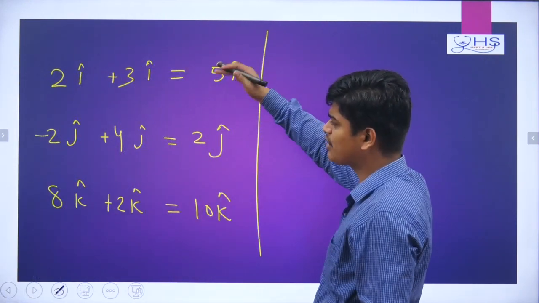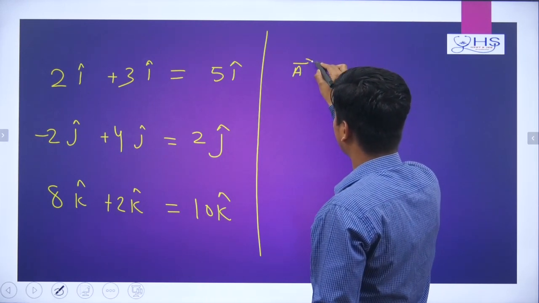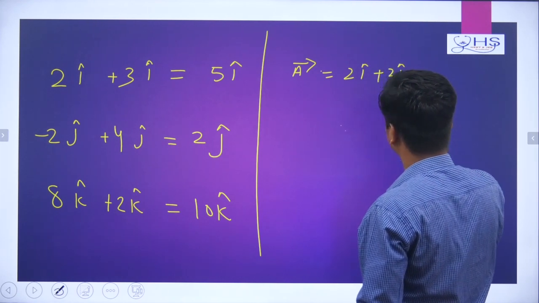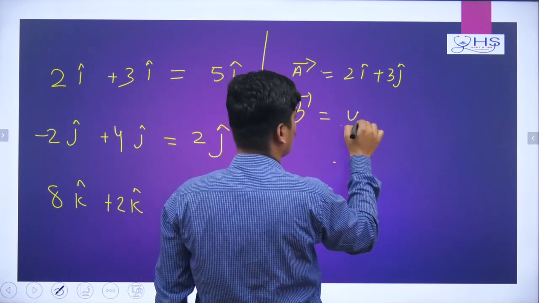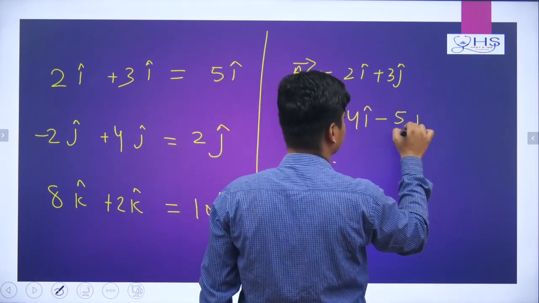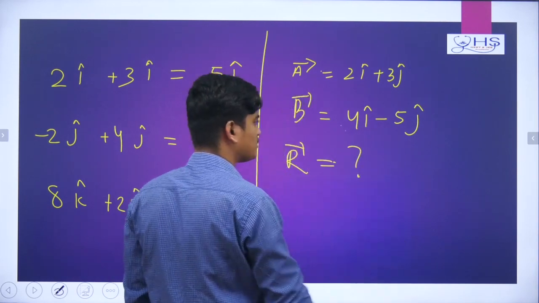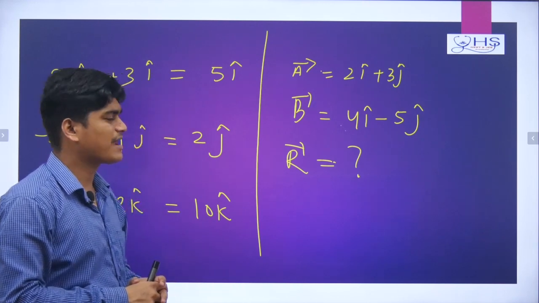So whenever you are adding two vectors normally, suppose my A vector is given as 2I plus 3J, and my B vector is given as 4I minus 5J. Then what is my resultant vector? In that case, there is no need to calculate the magnitude and all.